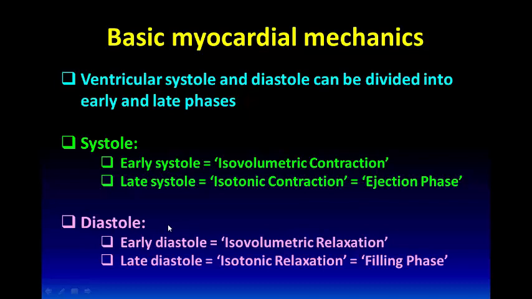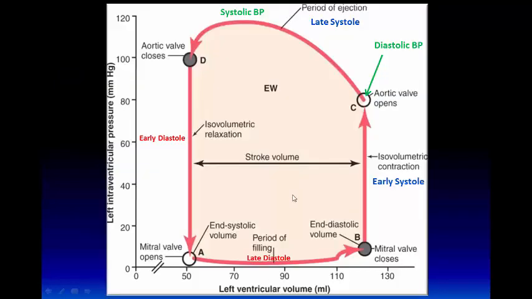Diastole is subdivided into early diastole, which coincides with the isovolumetric relaxation phase, and late diastole, which coincides with the isotonic relaxation phase, where we have the rapid and the slow filling phases.